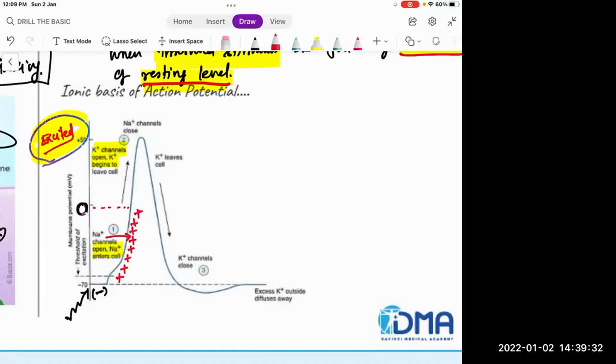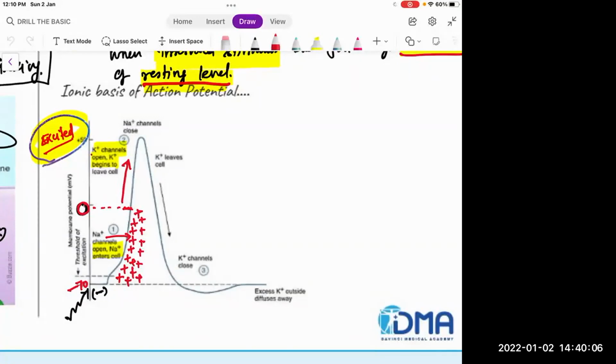From minus 70 up to the level of 0, there will be slow opening of the sodium channels. Slow entry will be there. Once it reaches the level of 0, it makes a faster excitation process, which is called the overshoot process. After the 0 level, the overshoot mechanism will take place.